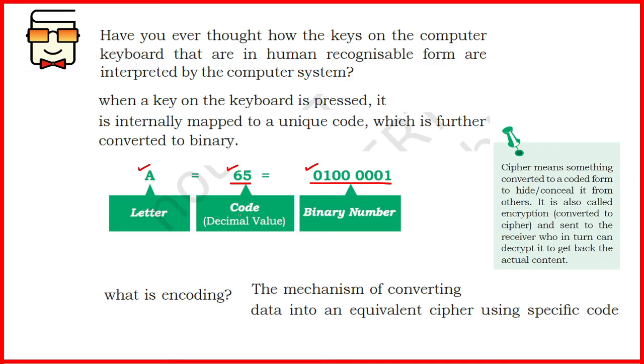A cipher is when you convert some data into another type of code because you want to hide some kind of information, then that coded form is known as a cipher. So when a sender codes some information, it creates a cipher, and then when the receiver receives that cipher, he must decipher it. That means convert it back to the original form so that he understands what information the sender wanted to send. Okay, so encoding is the process of creating a cipher by converting the data into a special code.